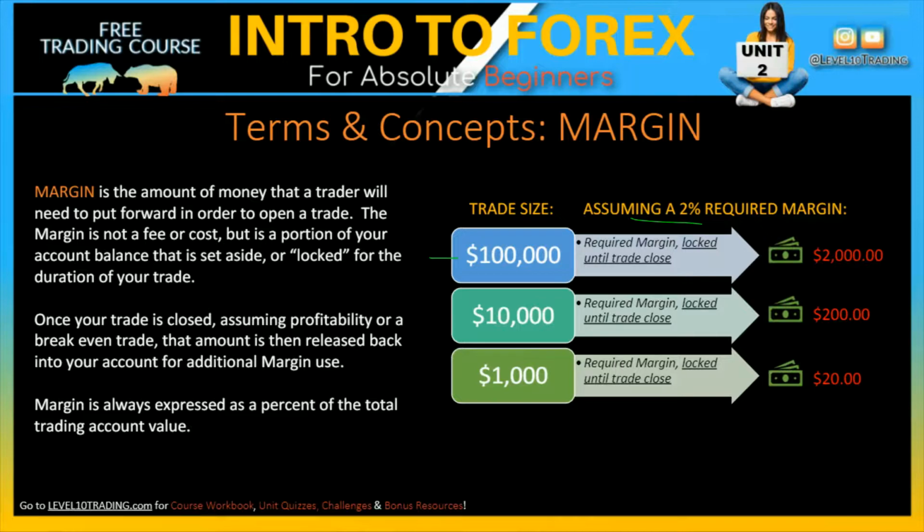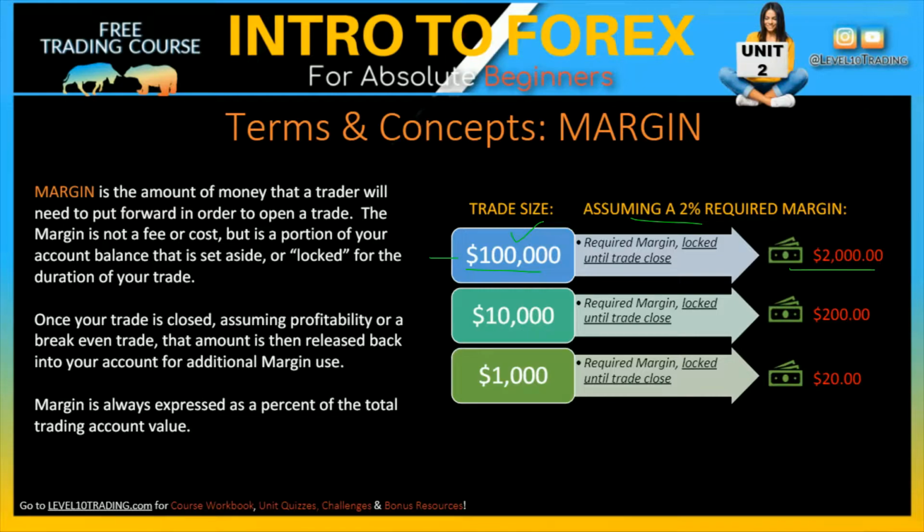To buy or sell this $100,000 of the dollar CAD without leverage would require the trader to put up the whole $100,000 in cash account funds, which is the full amount of the position. But with a margin requirement of 2%, only $2,000 of the trader's account funds would be required to be locked or held to open and maintain that $100,000 position.